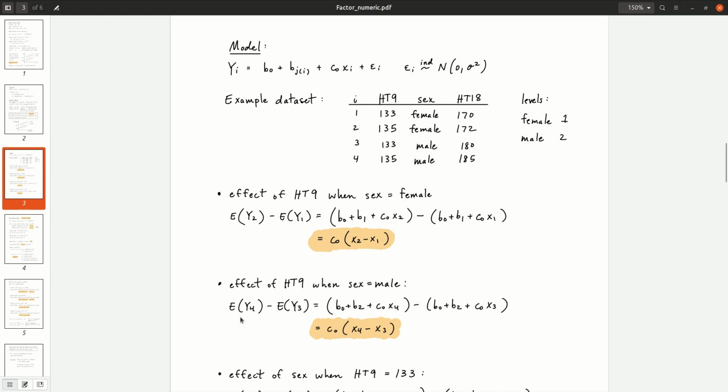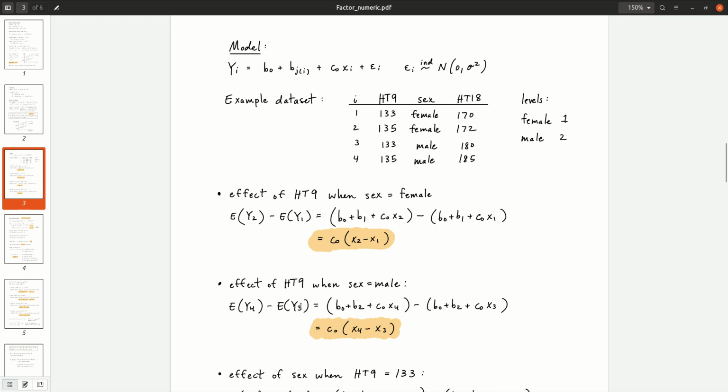If you go through this calculation for expected value y4 minus expected value y3, you get b0 plus b2 because the level is 2 plus c0 x4 minus b0 plus b2 because the level is 2 here as well plus c0 times x3. And so things will cancel and you get c0 times x4 minus x3. And again, this is 2 as well, so this is really 2 times c0.